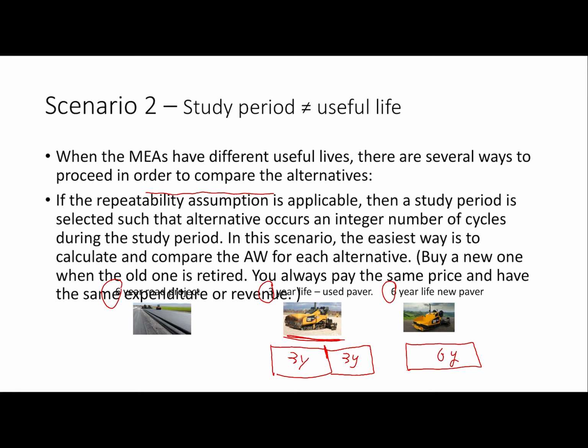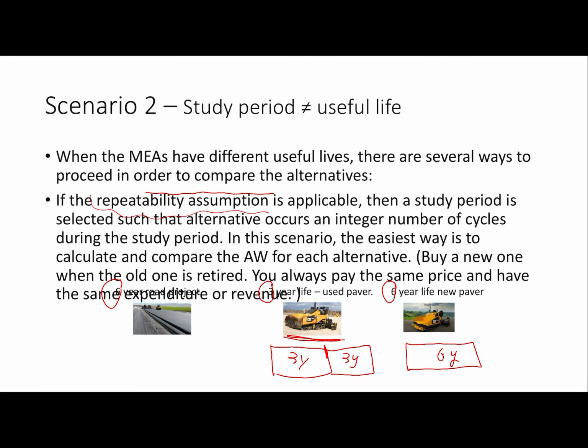And another scenario is the study period being different from the useful life of the different alternatives. So these are more complicated, and one of the methods we can use is the repeatability assumption method.